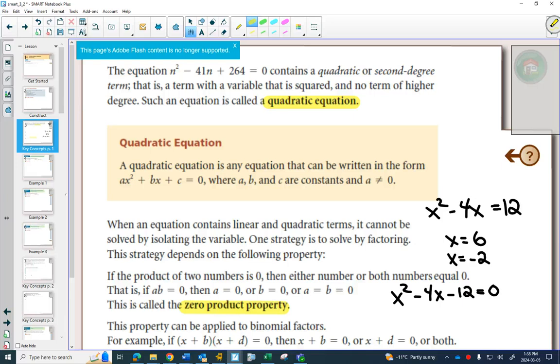So, the zero product property says if I can change something from adding and subtracting to multiplying, then one of them would have to be 0. And the zero product property only works with 0. Right?